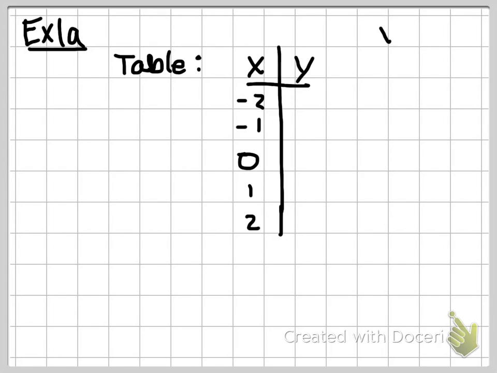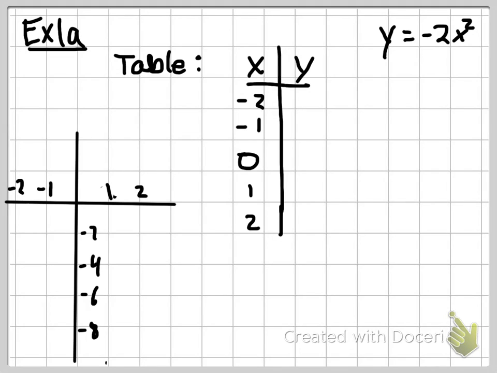I want you to do the equation y equals negative 2x squared, and graph that. Pause the video once you have graphed it on your coordinate grid. You can press play and check to see how yours matches up.